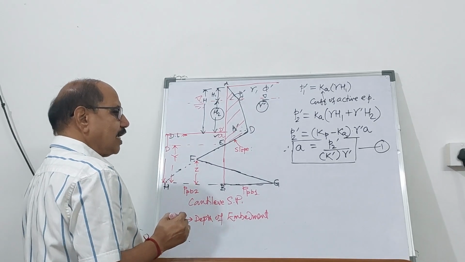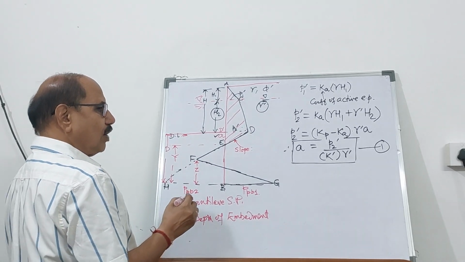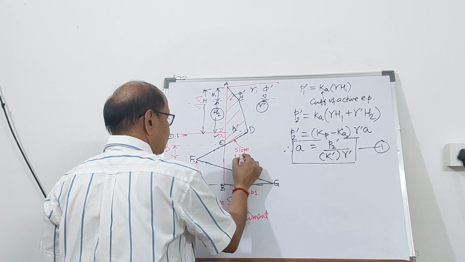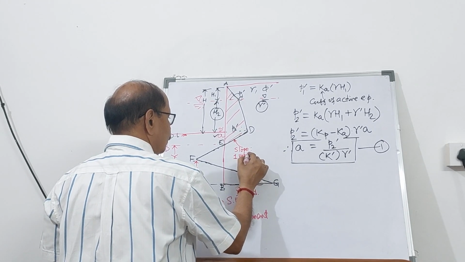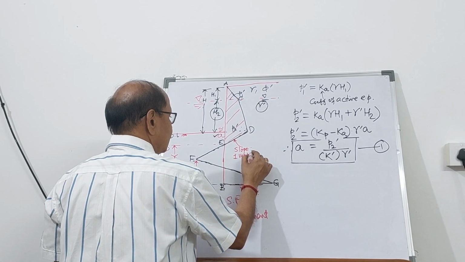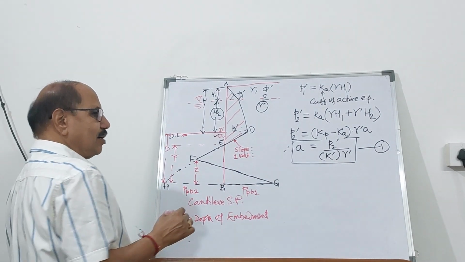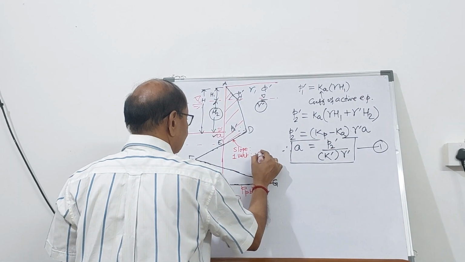So you can say that for one vertical, the horizontal is going to be gamma prime K prime.